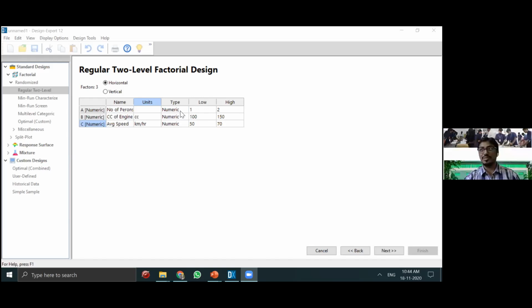Or else sometimes all the experiments are not possible to do on one day. So you give one block where you'll be doing a set of experiments today, and block 2 where you'll be doing a set of experiments tomorrow. So that way we can do it.